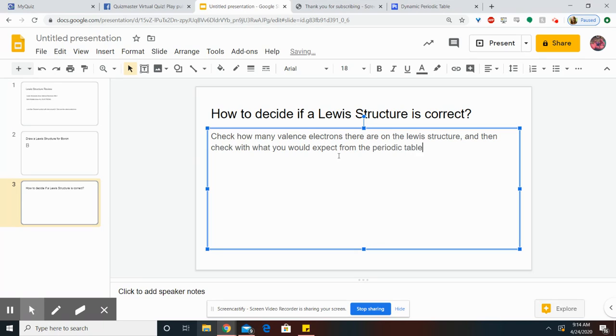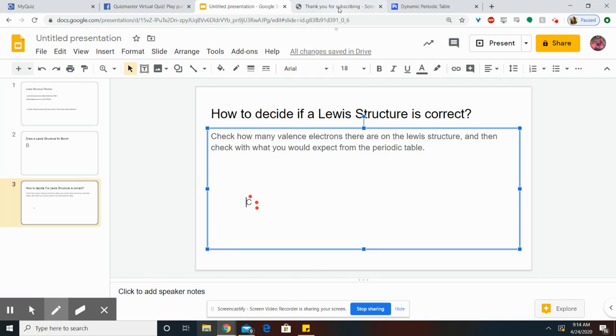Okay, so let's say we were given a Lewis structure that looks like this. Like we have a Lewis structure for carbon, and it's got 1, 2, 3 dots on it. All right, is that going to be correct?